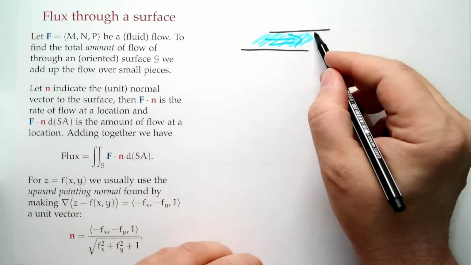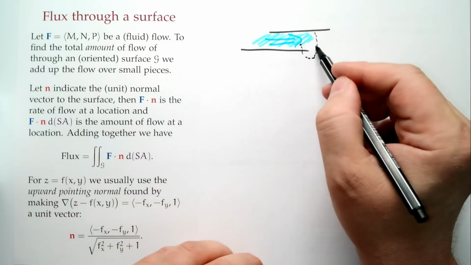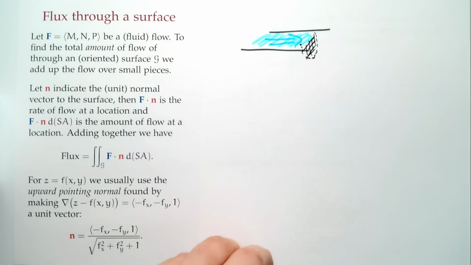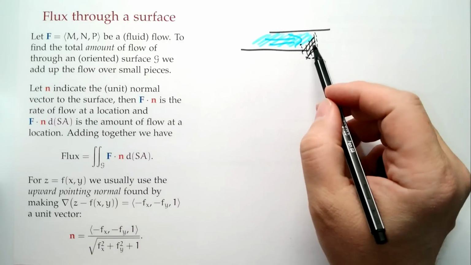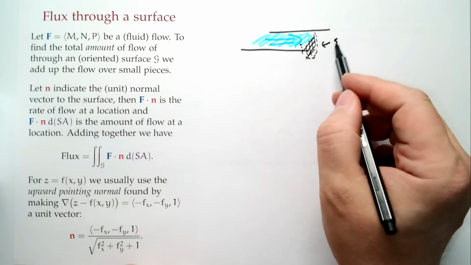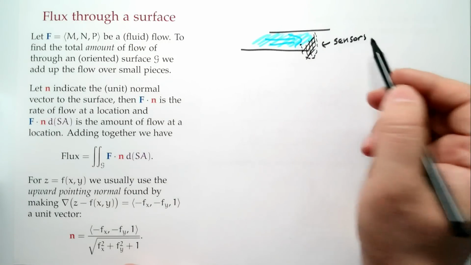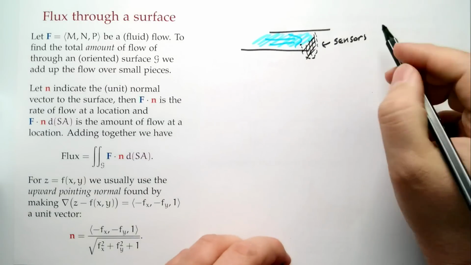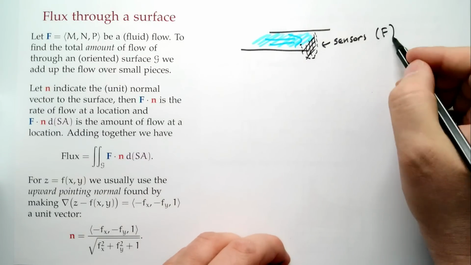Well, at one point on the river, you have a set of sensors set up. And at the sensors, it's not a dam, so it's not restricting the flow of water, but it's measuring the flow of water. So I have these sensors here, and these sensors are telling me the direction that water is passing through at a certain point and the speed at which it's passing. So essentially the sensors here, these are reading off what the function F is.